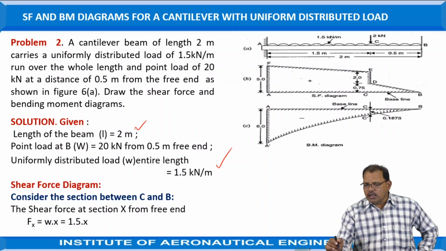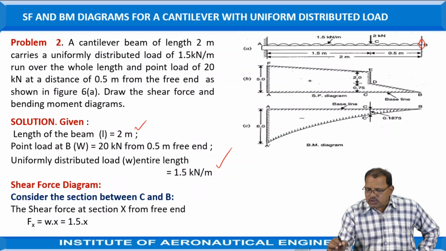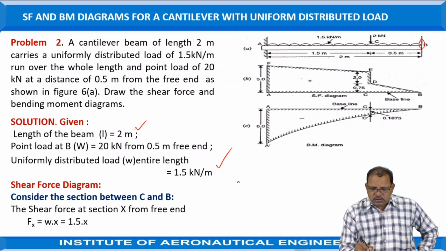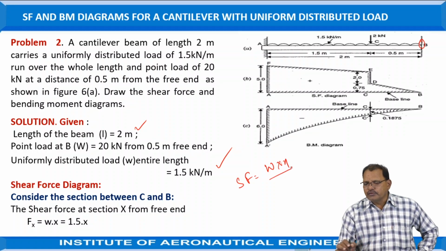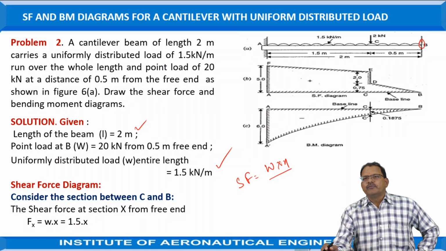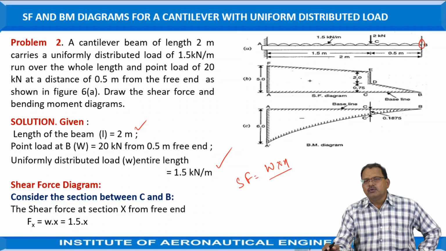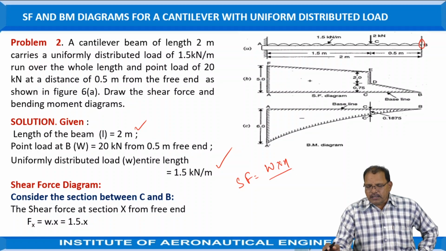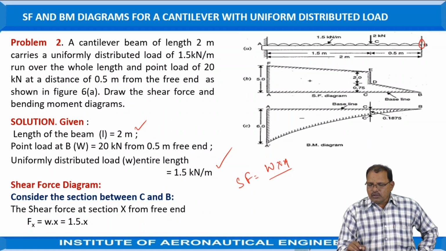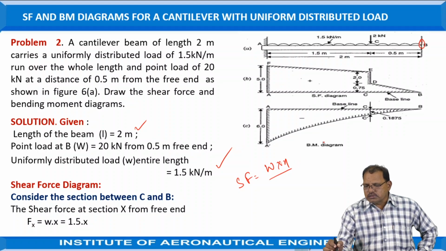The shear force at B is equal to 0, because shear force is equal to W into X, where W is the rate at which the load is acting, that is kilonewtons per meter. Here X is equal to 0 at B, so it is 0.